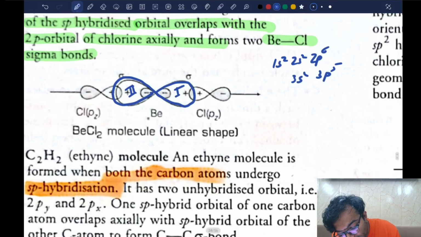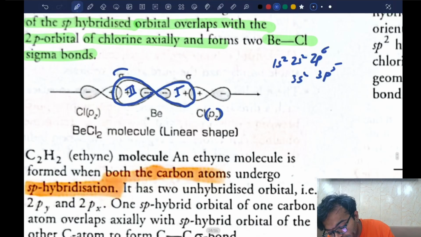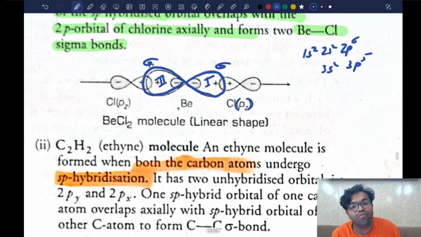So chlorine brings its pz orbital, where it is lacking one electron, and that has a head-on overlap with the sp hybrid orbital of the Be, thus forming two sigma bonds. This is one sigma bond here, and there is another sigma bond here. This is how you form BeCl2. Am I clear, Drupad?